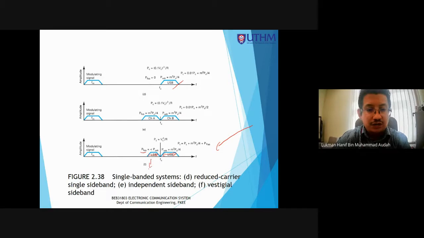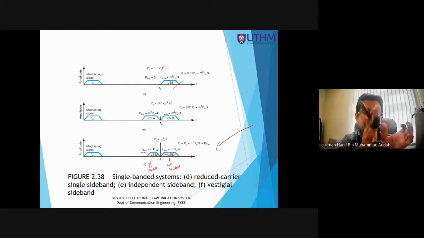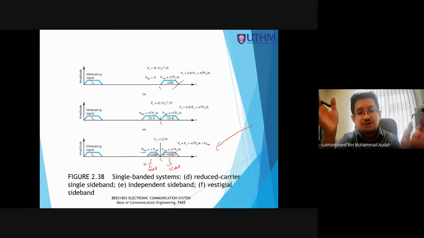So this is for the audio. This is for the video signal. Okay, dari segi bandwidth ya, upper sideband lebih besar kerana diperuntukkan untuk video signal. Lower sideband dia punya bandwidth lebih kecil because it is allocated for the audio signal. Okay, and then in terms of power for the lower sideband, which is for the audio, is less compared to the power for the upper sideband, which is for the video.